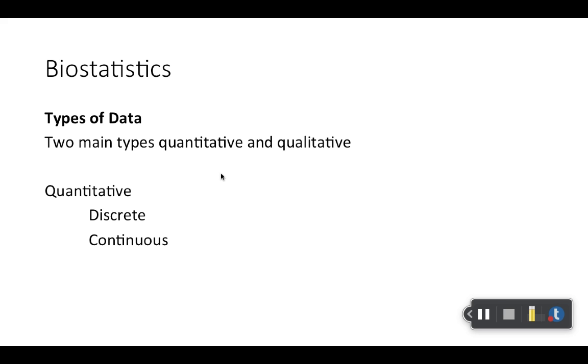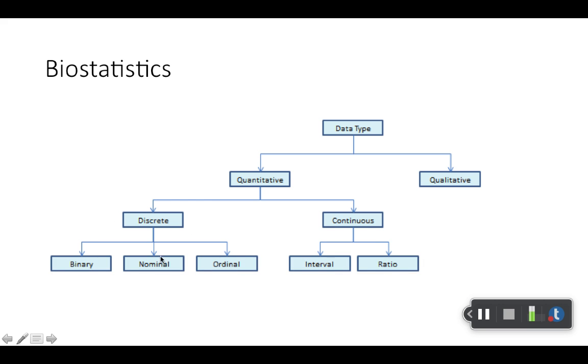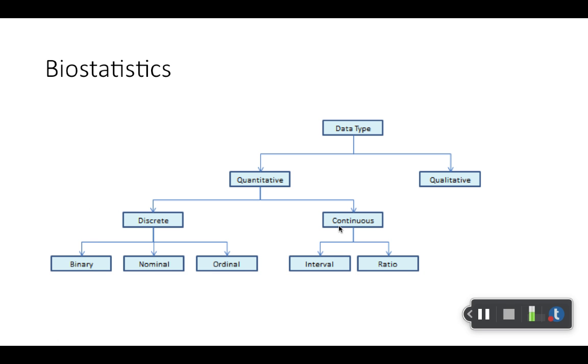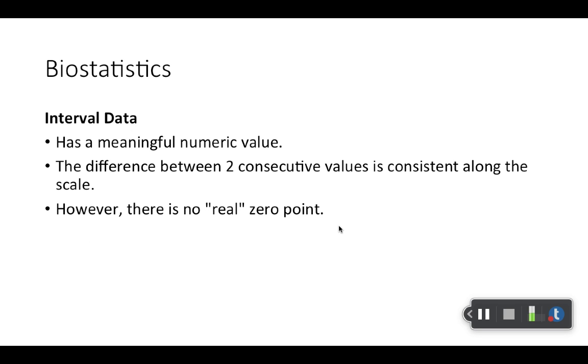So of the quantitative, then we're going to go down again and go to discrete versus continuous is the next step. And then under continuous is interval and ratio. So interval data has a meaningful numeric value, and the difference between two consecutive values is consistent along a scale.